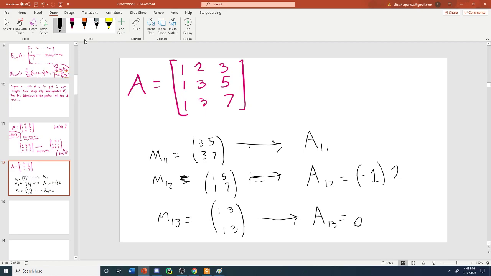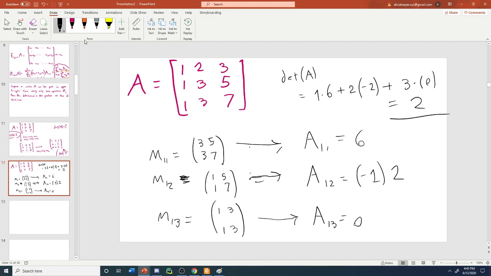So 3 times 7 minus 3 times 5 is 6, and so this will just be positive 6. So the determinant of A is going to be equal to 1 times 6 plus 2 times negative 2 plus 3 times 0, which is just going to be equal to 2.